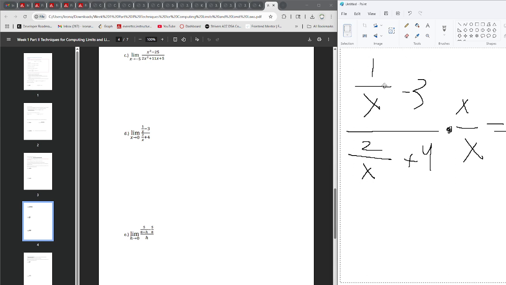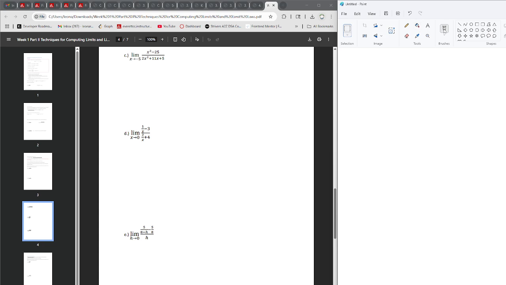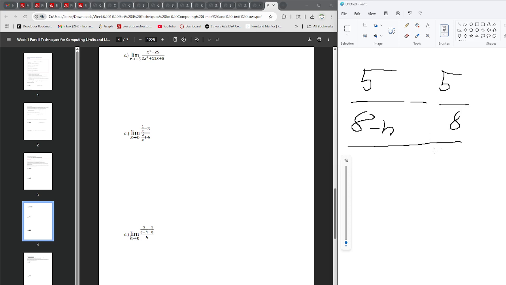Oh, this one is kind of gross as well. Let's see if I remember how to do this one. So we have 5 over 8 minus h, minus 5 over 8, over h. When you see two of these together with the denominator, your first instinct should be to get a common denominator. So we're just gonna cross multiply this.